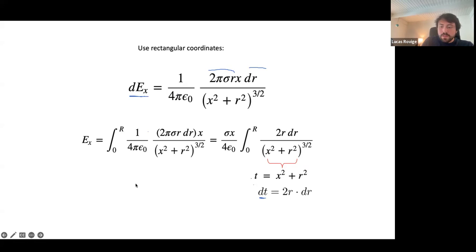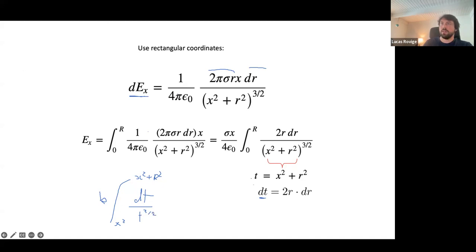And that gives the final integral, this term. So call k the constant, and we just have an integral from x squared to x squared plus R squared of dt over t to the power 3 over 2.